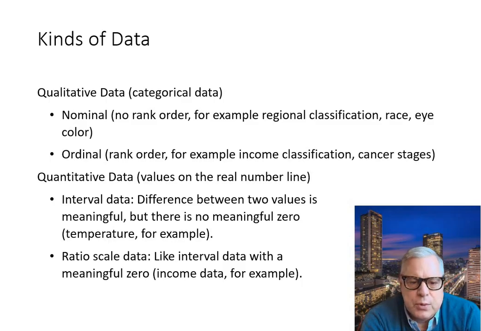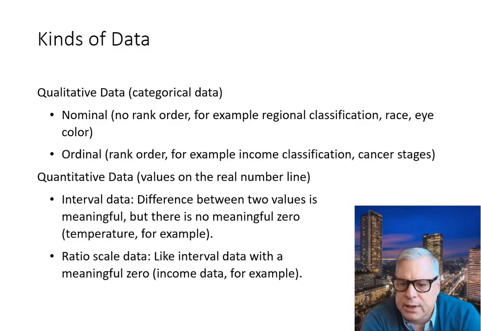So that is nominal data, and the other categorical data type is ordinal data, and ordinal data has a rank order. So that would be, for example, the income classification by the World Bank. Every country is classified as either high income or low income, or upper middle income or lower middle income. So there is a rank order to it. Another example would be cancer stages.